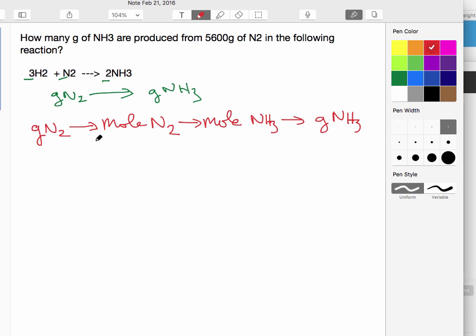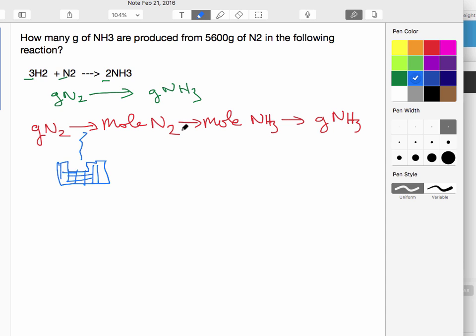To get from grams to moles of nitrogen, you need the periodic table of elements, because that's where you get the molecular weight of nitrogen, which is 28 grams per mole.